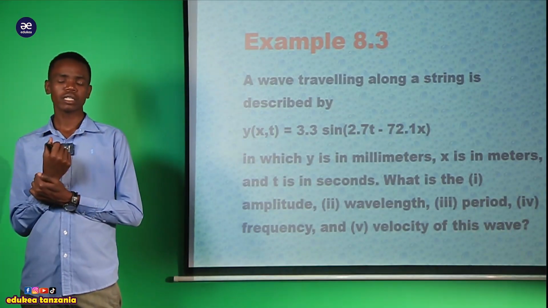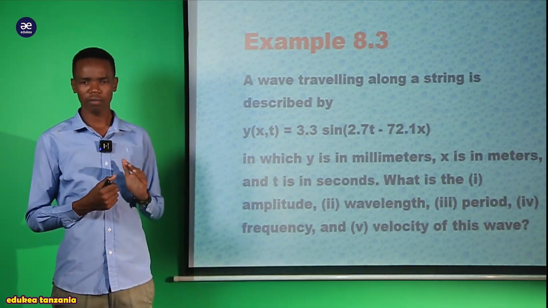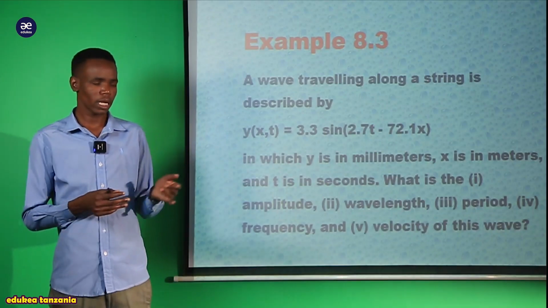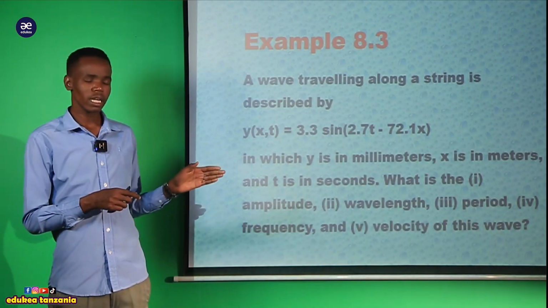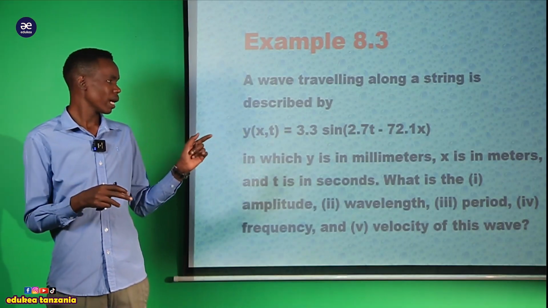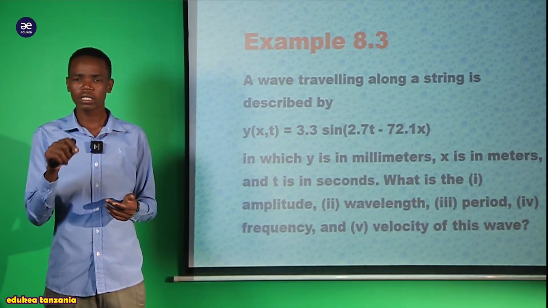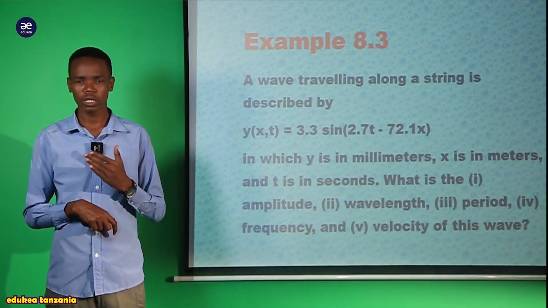First of all, my dear students, we should focus on our equation of the displacement along the coordinate point x, t, which is equal to 3.3 sine bracket 2.7 t minus 72.1 x.